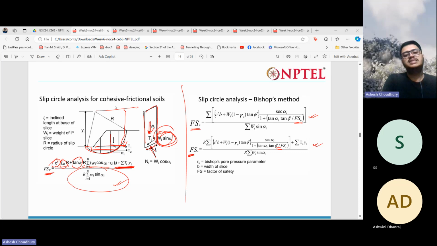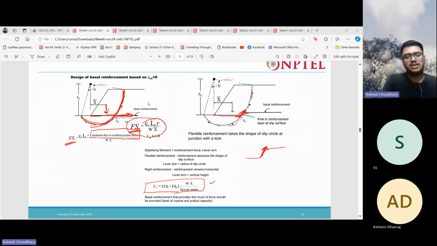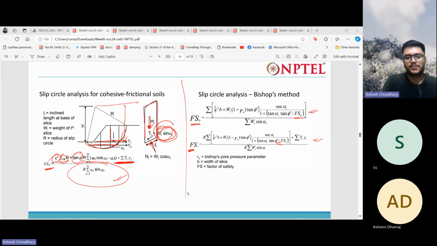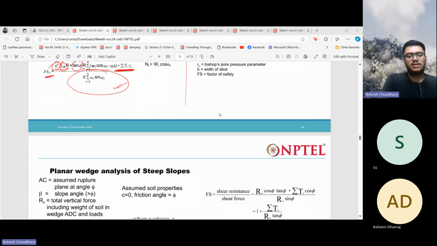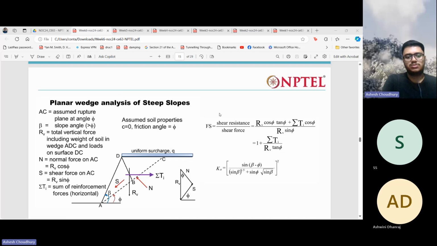Whether you have a C-phi soil or only phi soil, you need to consider the slip circle analysis. And for only C soil, only cohesive soil, you can directly do C times the arc length, and like that you can find out the factor of safety. So I'm not going into depth.